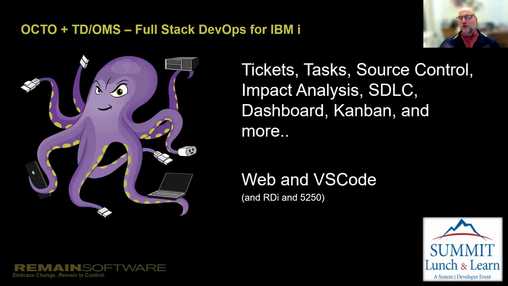What I really wanted to show you is how a DevOps solution or an application lifecycle management solution works in the modern era. We of course started with green screen, then we went up to RDI and Eclipse, which at the time was fantastic technology.